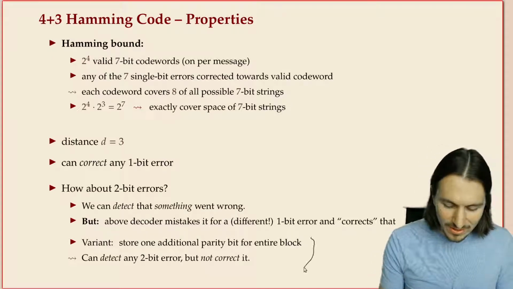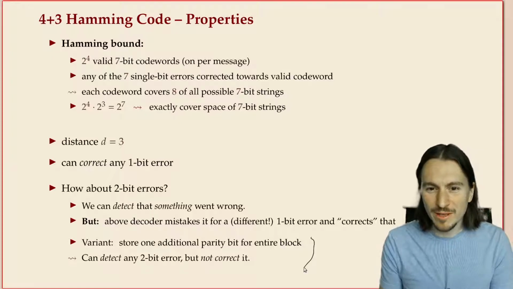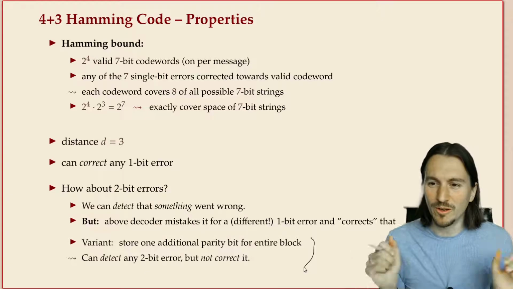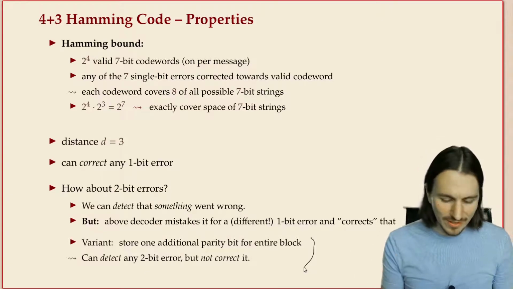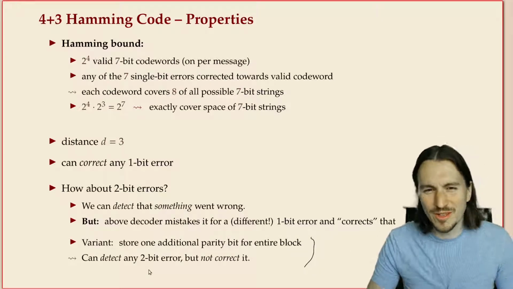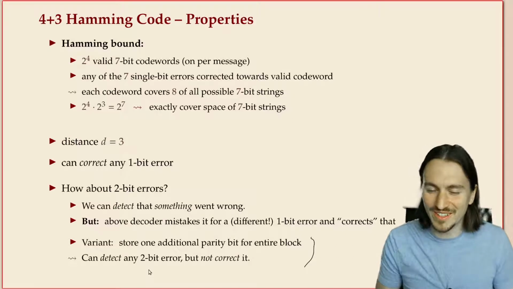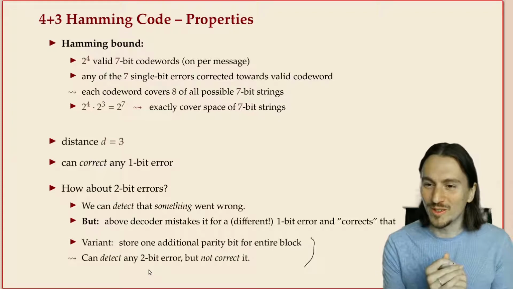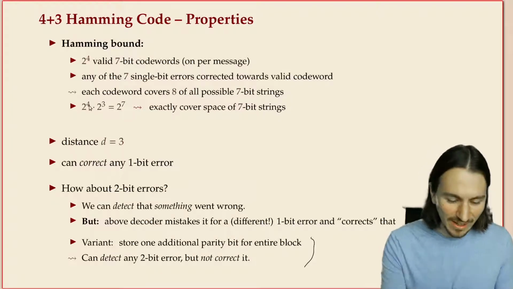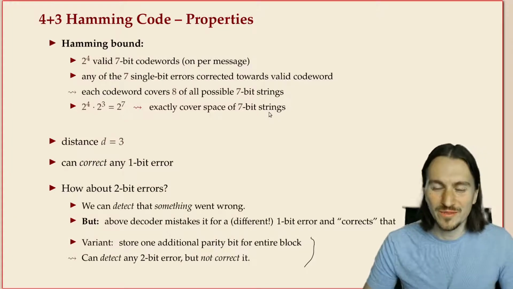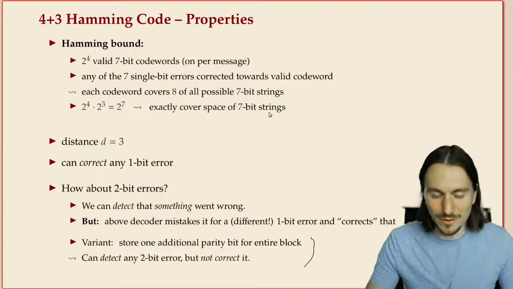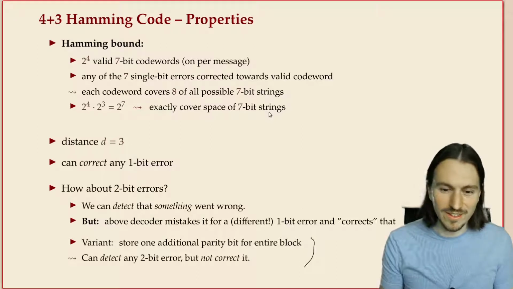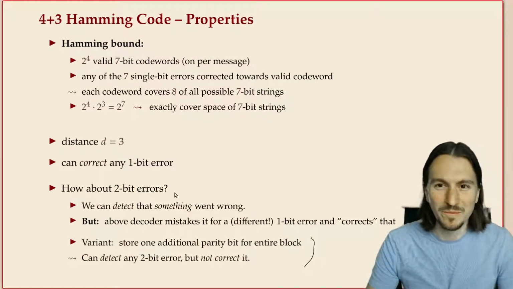There is a small variation. If you add another extra bit, another parity bit for the entire block, you can actually detect all 2-bit errors, but then you also use 1 extra bit. So in a sense, you don't get both with Hamming codes. You don't get the exact coverage of the 7-bit strings of the entire space of possible bit strings, and the best possible detection.